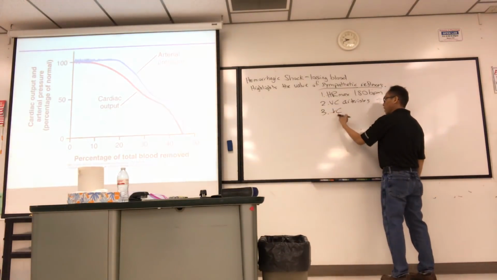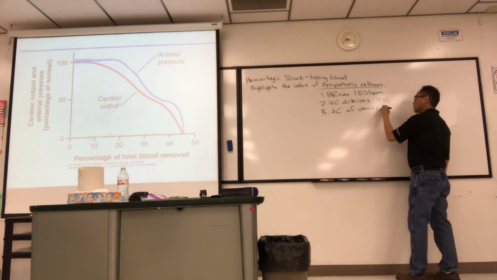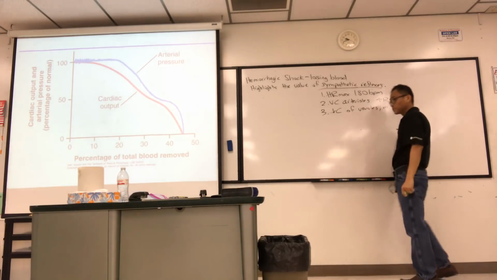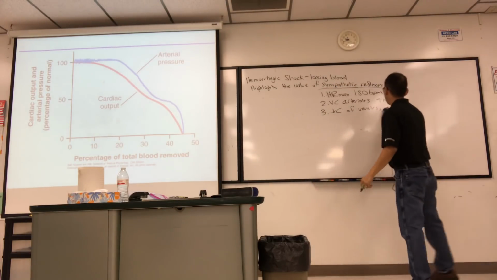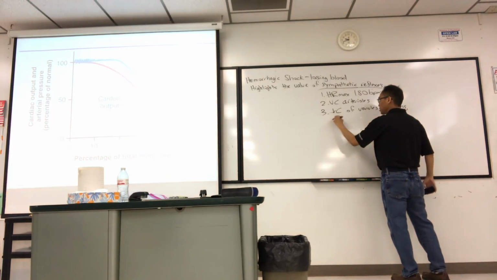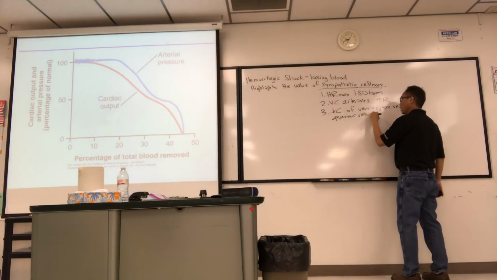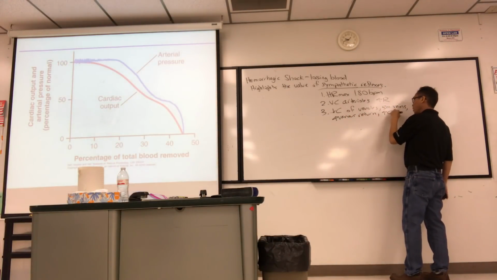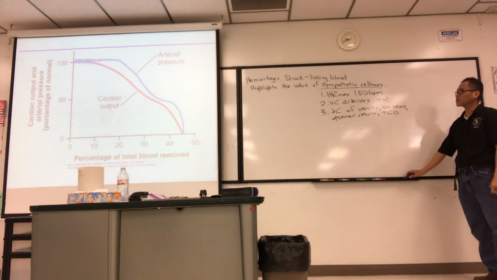Decreased capacitance, capital C, of venules and the small veins. Right, ultimately I said that increases the venous return. It helps to increase the CO, the cardiac output. Those 3 things, all those things are the sympathetic reflexes.